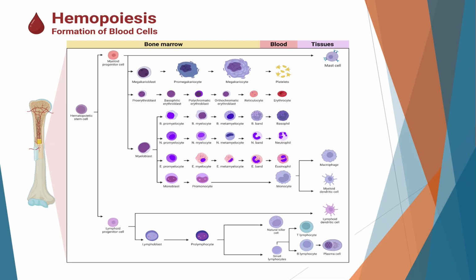So instead of memorizing names, ask, where did development go wrong? That question is diagnostic gold. A fun reality check? Bone marrow is basically running a non-stop manufacturing plant producing millions of cells every second, and somehow maintaining quality control better than most group projects.